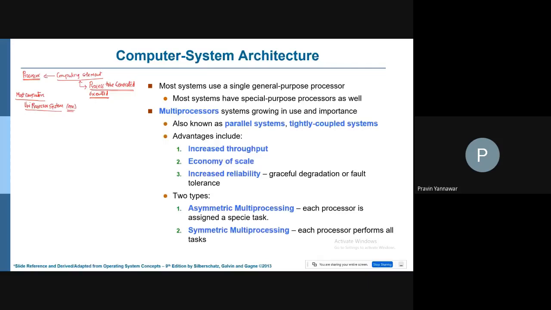In that case, the task supplied to the processors is executed in parallel.